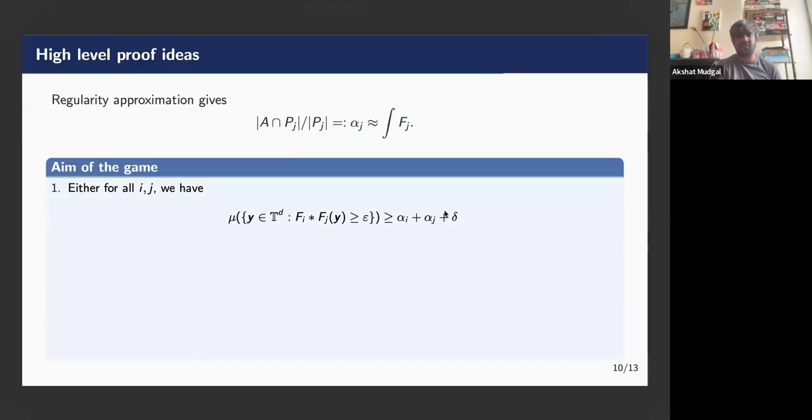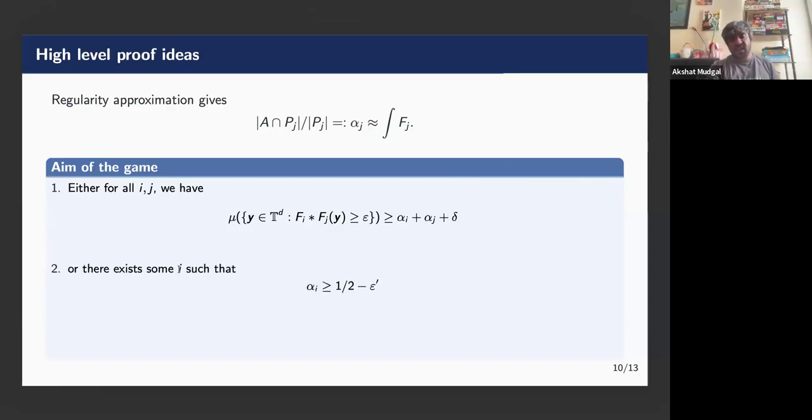So alpha i plus alpha j is sort of what you'd expect, but in fact, I expand a tiny bit more. My convolution is a bit more spread out than I thought. So this is the expansion case. This delta is exactly the thing that appears in 4 plus delta.